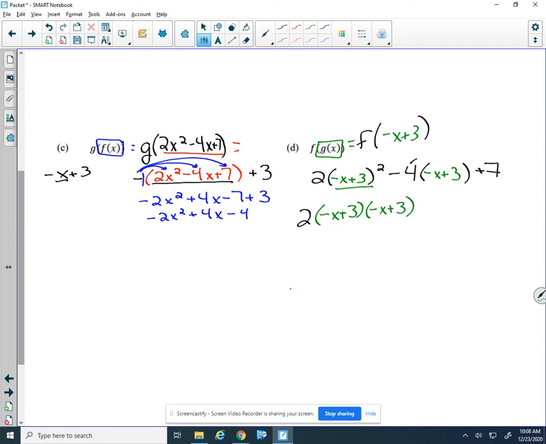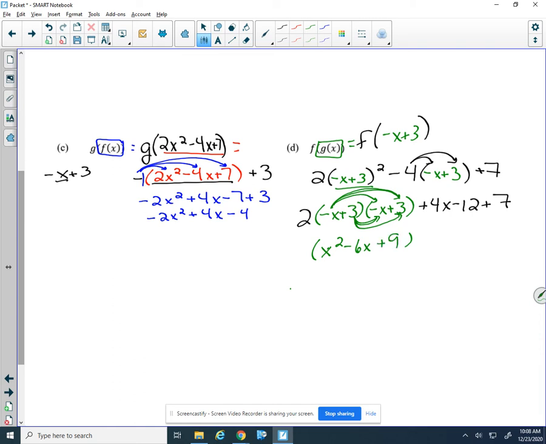And then here we can distribute. So I'm going to get positive 4x minus 12 plus 7. As I like before, I prefer to do this first, and I'm going to do that middle part in my head. Negative x times negative x is positive x squared. Here I get a negative 3x, and a negative 3x is negative 6x, and then 3 times 3 is 9.